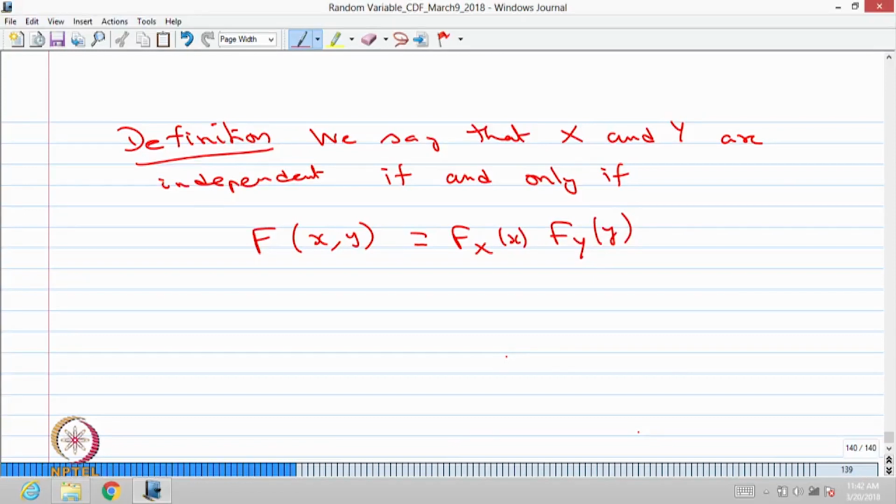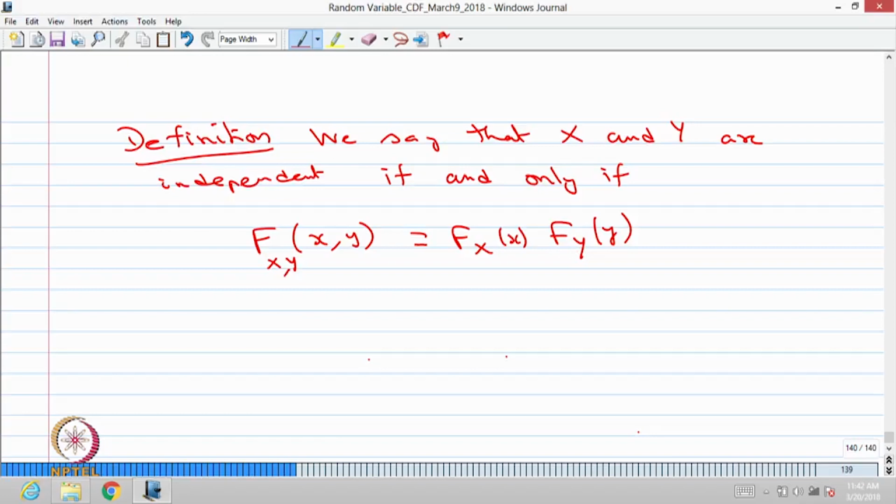Whenever I write the suffix, that means the CDF corresponds to those random variables. So, F suffix X, Y means the CDF of the two-dimensional random variable. F suffix X means the CDF of the random variable X. F suffix Y means the CDF of the random variable Y.